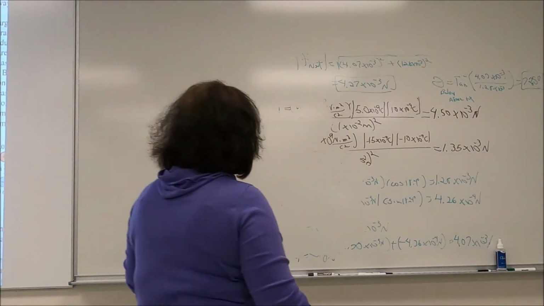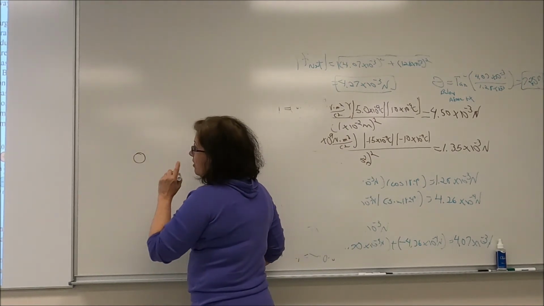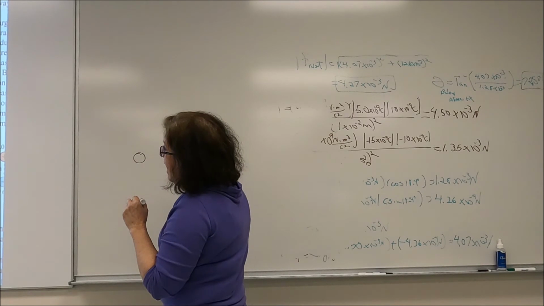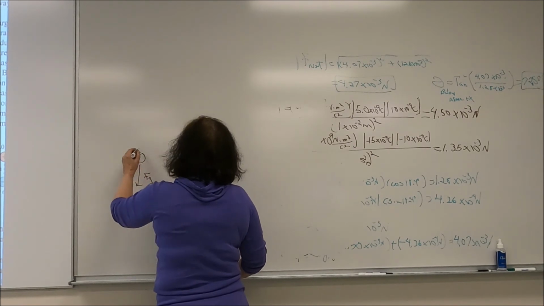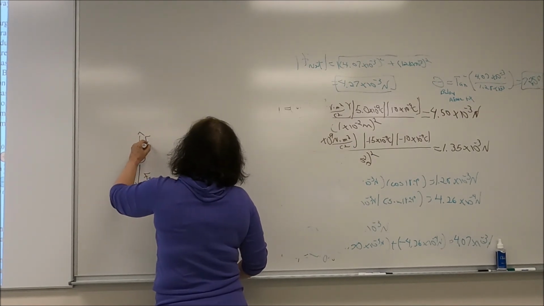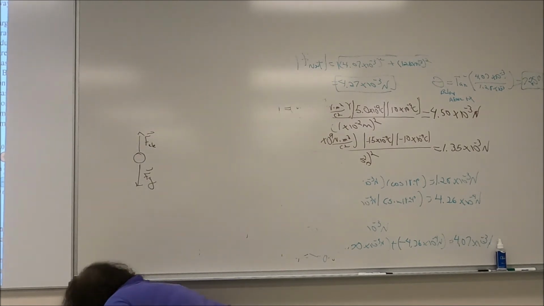We have a little sphere here, and it has a force due to gravity pulling down on it. And it's going to have a force electric that's going to have to push up on it.